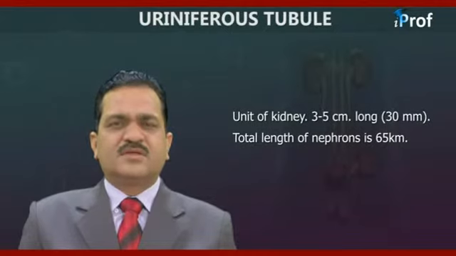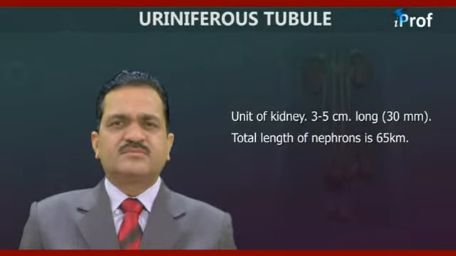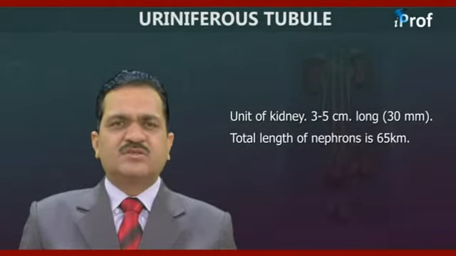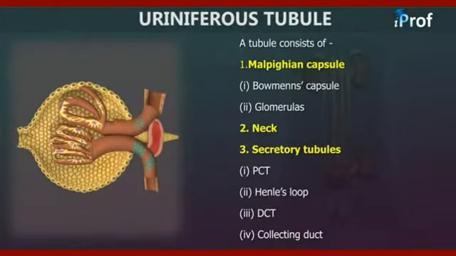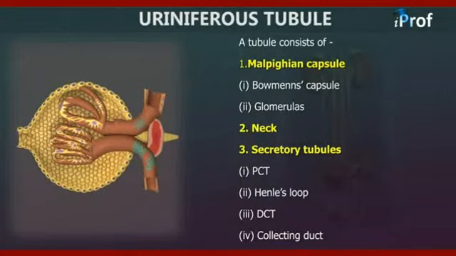Uriniferous tubule, that is the nephron. Unit of kidney, 3 to 5 centimeter long. Total length of nephrons is 65 kilometers. A tubule consists of Malpighian capsule, consists of Bowman's capsule and glomerulus, and second part is the neck, and third one is the secretory tubules.